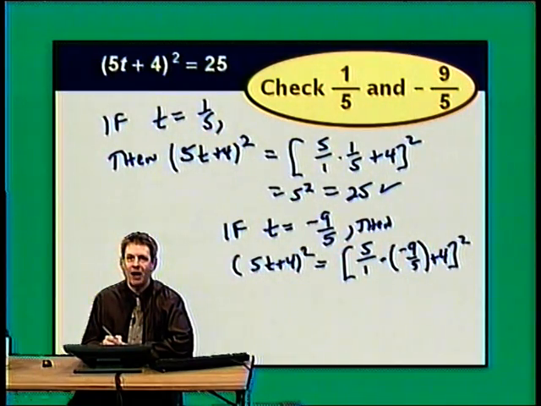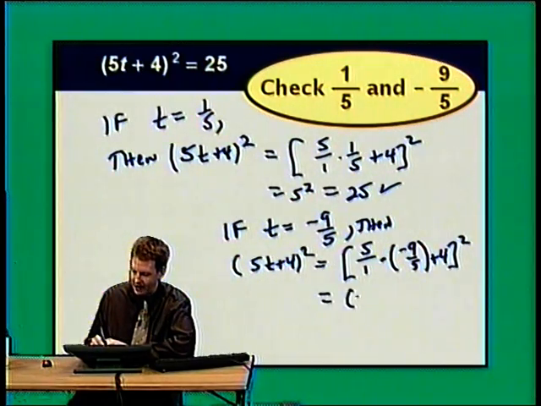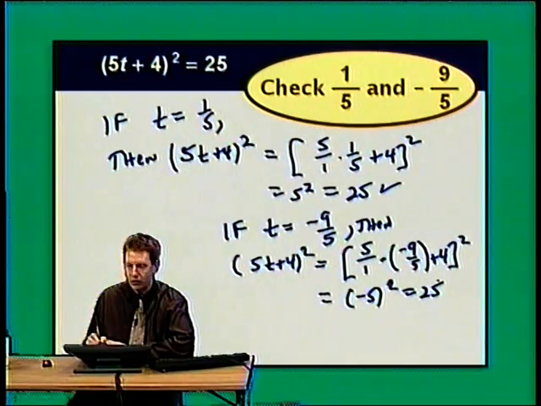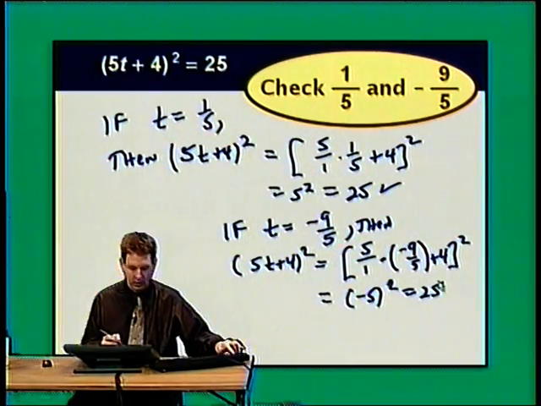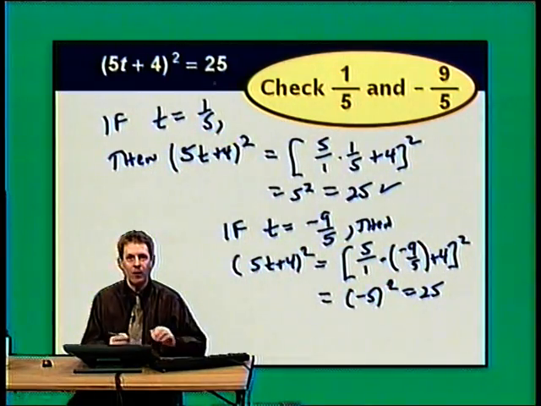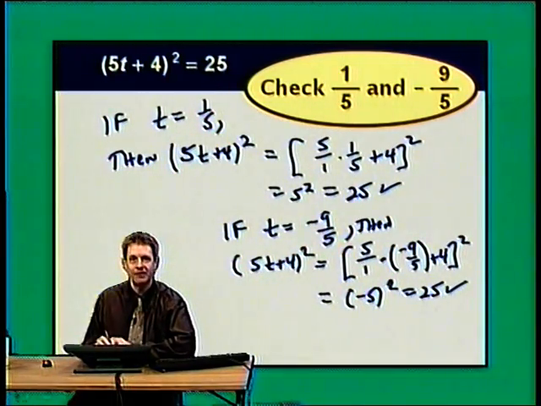Looking at 5 times negative 9/5, I could pull out a factor of 5 over 5, and all that would leave behind is negative 9 in the numerator, and negative 9 plus 4 is negative 5. So this is the square of negative 5, which is also 25, which is what we wanted 5t plus 4 quantity squared to equal. So this solution checks as well.